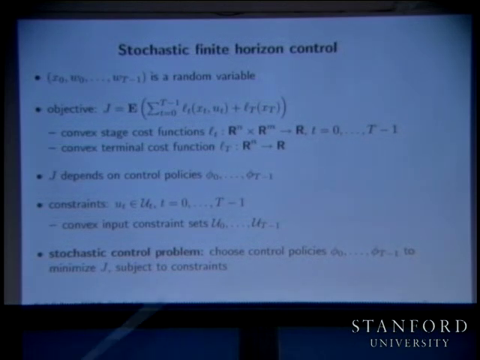Okay, and we'll have constraints. UT is in this script UT, and the stochastic control problem is this: choose these policies phi 0 up to phi t minus 1 to minimize J subject to the constraints. So no matter how you write it down, that is actually a very complex problem, and it's worth thinking about what it means.